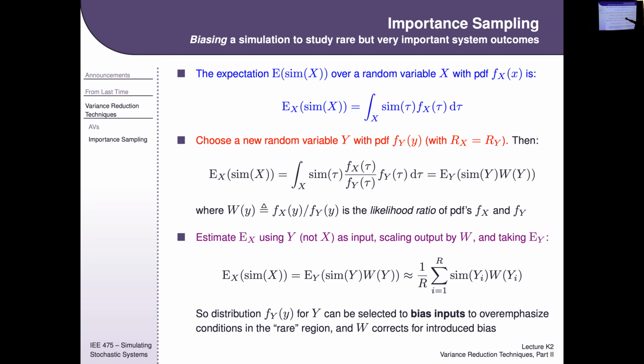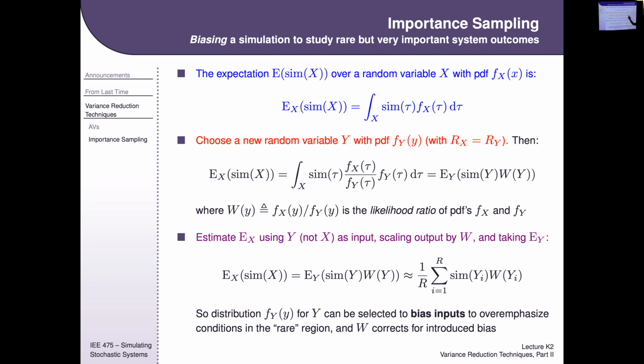That doesn't change anything; it's identical to the form right above it. But by doing that, it introduces this funny little scalar, which I'm going to call a likelihood ratio of the PDFs f and y. So this w of y is just f of x divided by f of y. It's the actual input model divided by the fake input model.